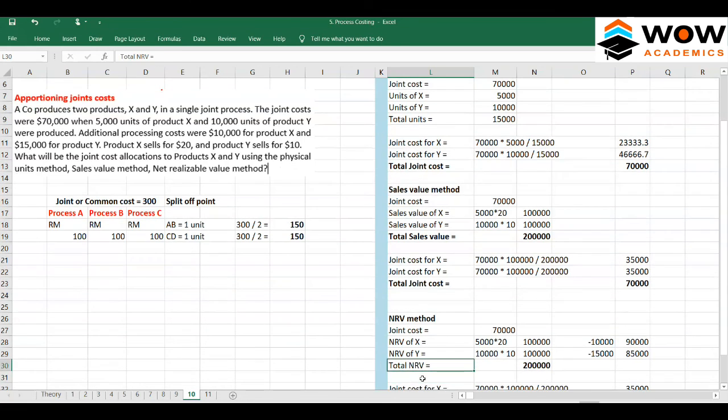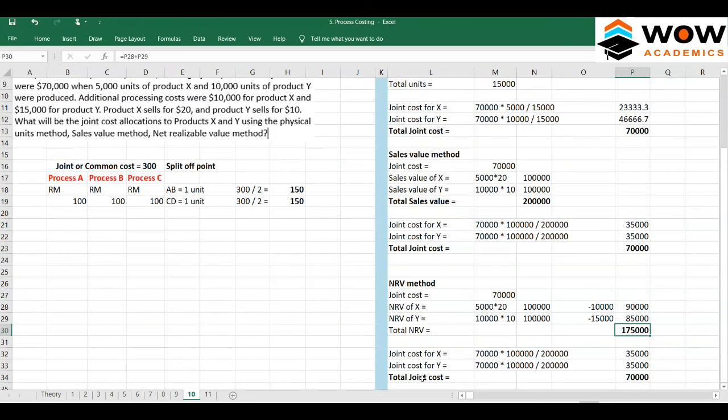So the total NRV is going to be 1,75,000. So the joint cost has to be split according to that basis.